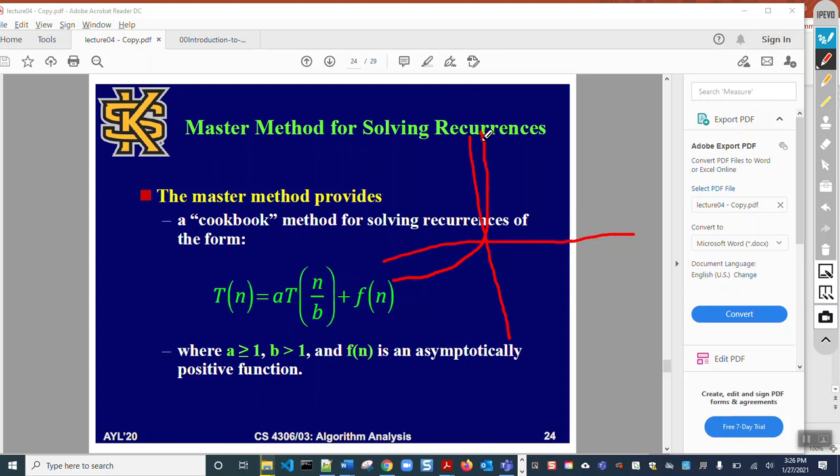And an asymptotically positive function means its value increases.